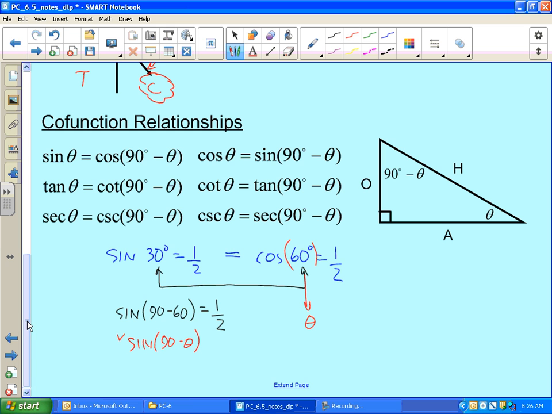What's happened is, for a sine of an angle, the opposite side becomes the adjacent side of the cosine of 90 minus theta. So an opposite and an adjacent become each other depending on which of the two acute angles you're hanging out at. And that's what establishes these 6 relationships here called cofunction relationships.